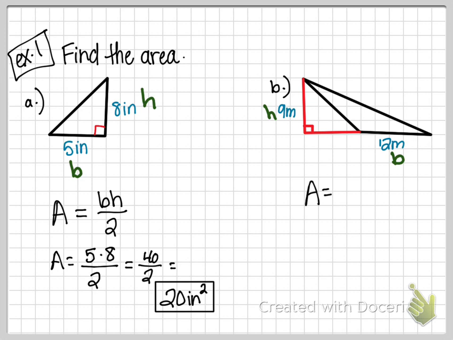Start with our formula. Area equals base times height divided by 2. And then I'm going to plug in what I know. Area, I don't know that yet, equals base, which is 12, times height, which is 9, divided by 2. Okay, then I do my multiplication on the top. 12 times 9 is, Sam? It's 50.